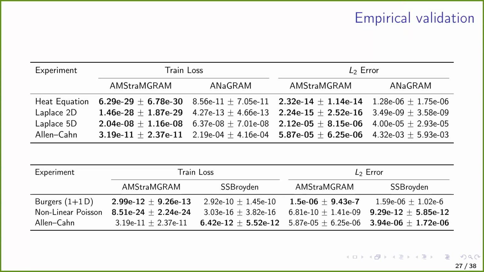It's a published paper in collaboration with Jorge Urban, who is visiting our lab right now. We improve all the numbers of the initial paper by orders of magnitude. I think Allen-Cahn is about that or a little better, but certainly Burgers is 10 to the minus 8. AnaGRAM is 10 to the minus 7.